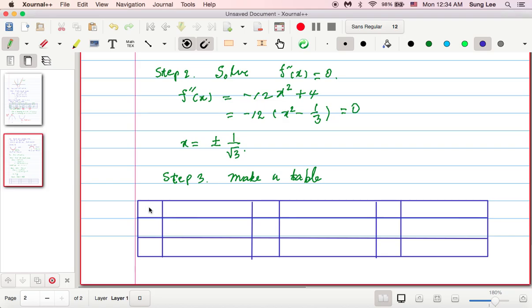Okay, so first column is for x and f double prime of x and f of x.